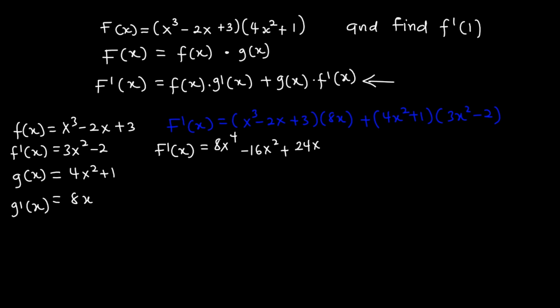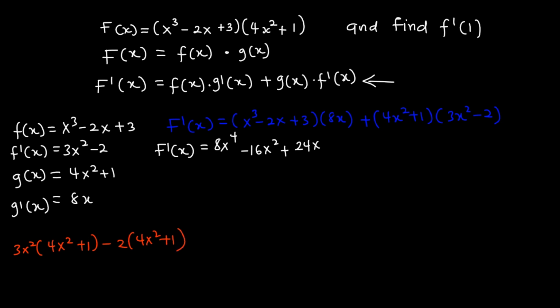Now let's come to this side also. Here you have two different terms in this bracket, so I'm going to do the expansion separately. We are going to have 3x squared multiplying 4x squared plus 1, and then minus 2 multiplying 4x squared plus 1.